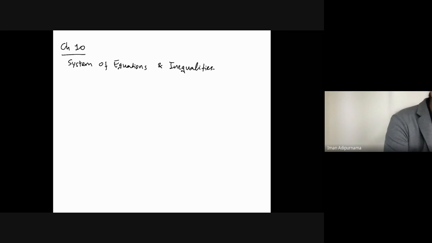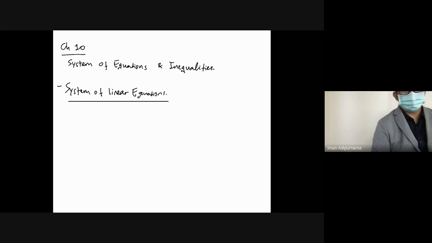We start with systems of linear equations. This is our first introduction.